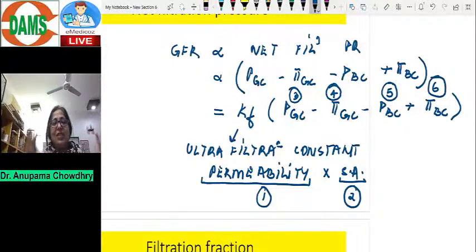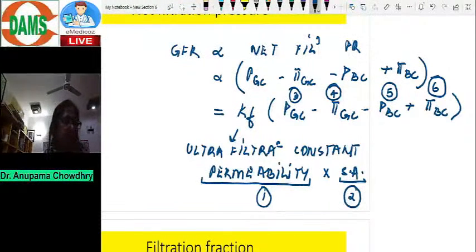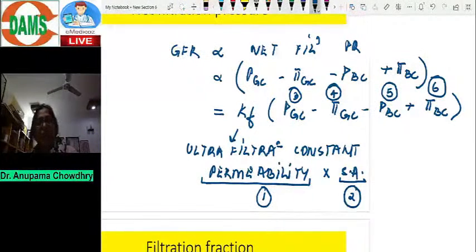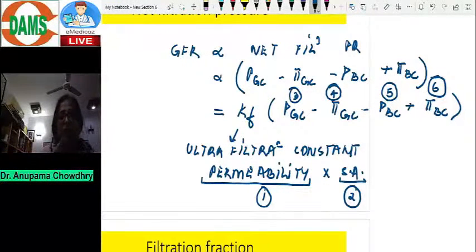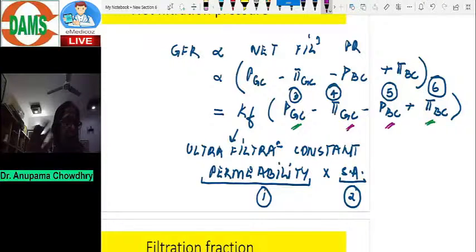So these are your 6 factors which will affect the GFR. Have you understood? They will affect the GFR, not control. Capillary permeability, surface area, PGC, pi GC, PBC, pi BC. Please understand the forces which have got a positive sign in front. That means PGC and pi BC, these are favoring filtration. Pi GC and PBC are opposing filtration.